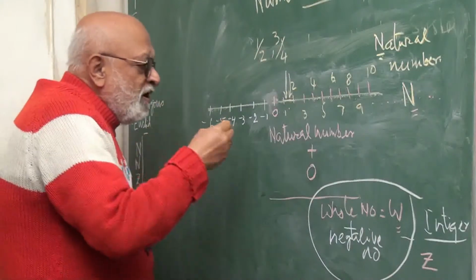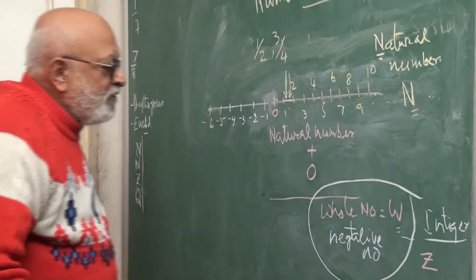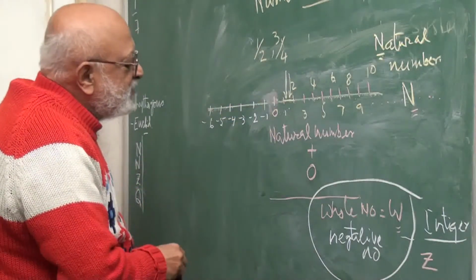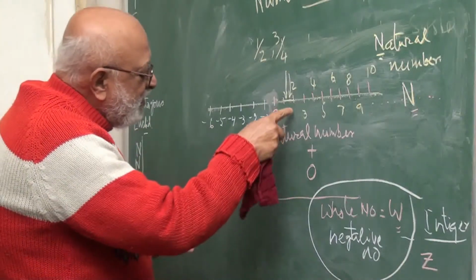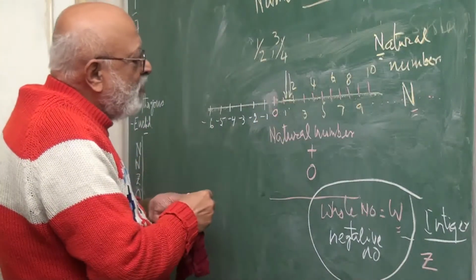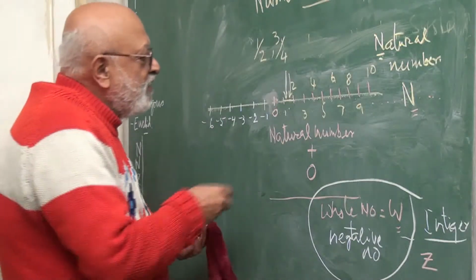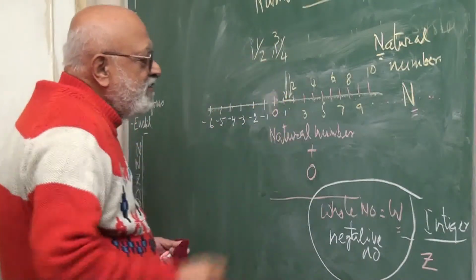Okay, so that kind of a thing will go on. 1/4, of course, will be on this side. So half will be between this and this. If I talk about between 1 and 2, then it will not be 3/4, etc. It should contain 1. So 1 and half, 1 and 3/4. So that should be in between these two.